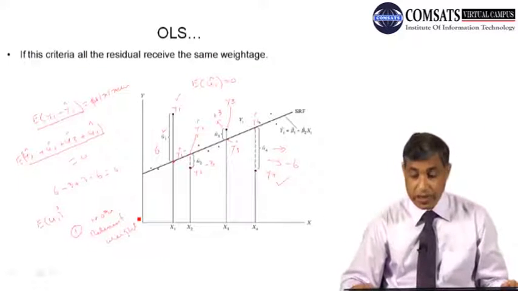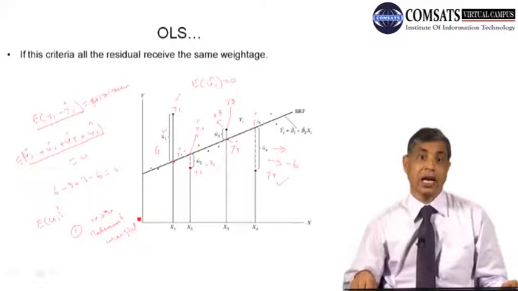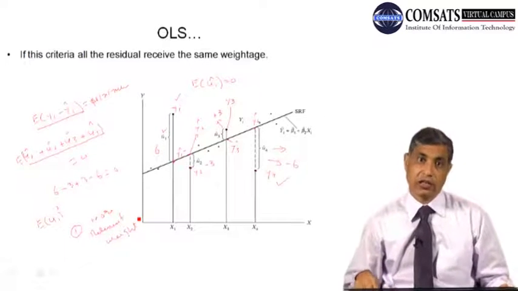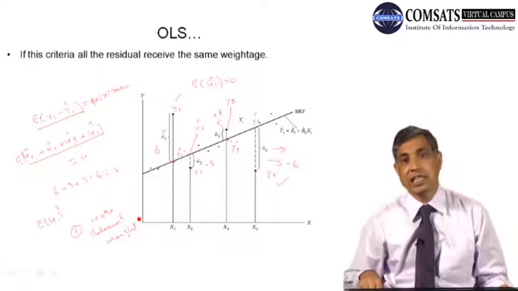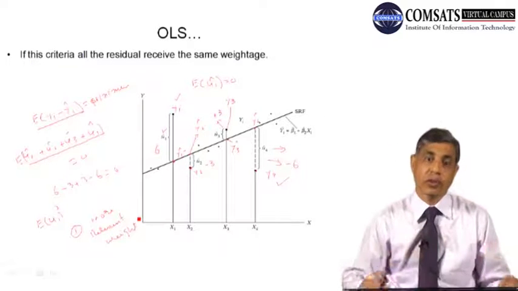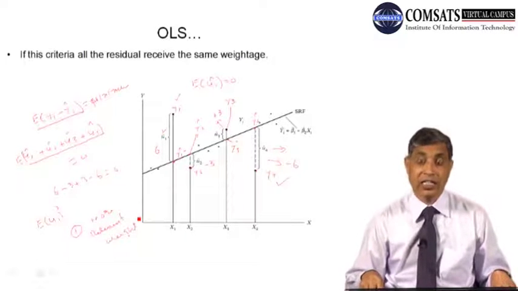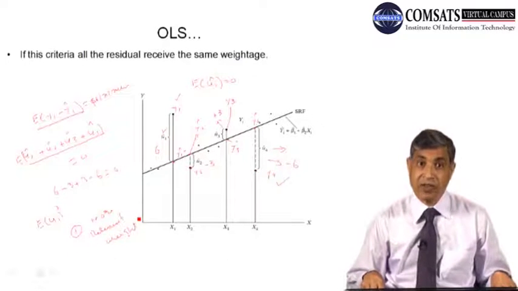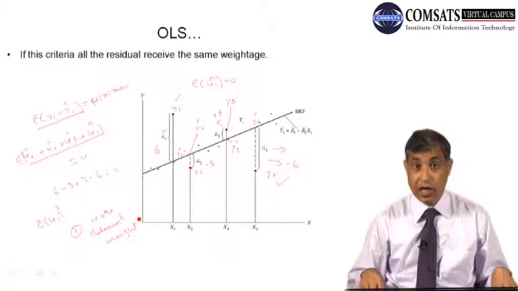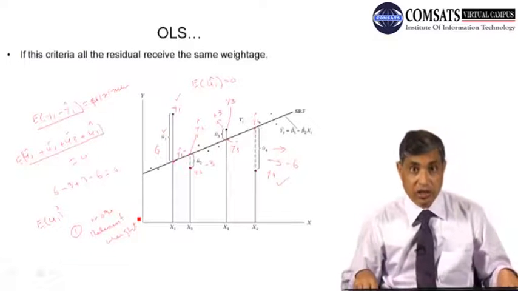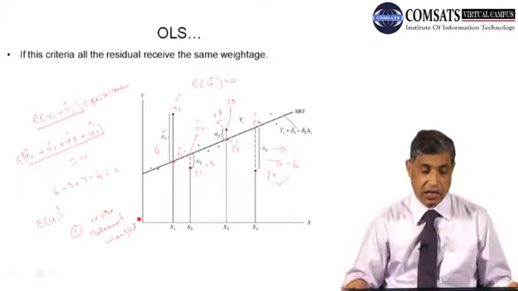This is true because we are penalizing the OLS, so that the estimated regression line is not very near to the values. So we are testing the OLS, and this is test time for the ordinary least squares estimator to show us that the residual sum of square is minimum.